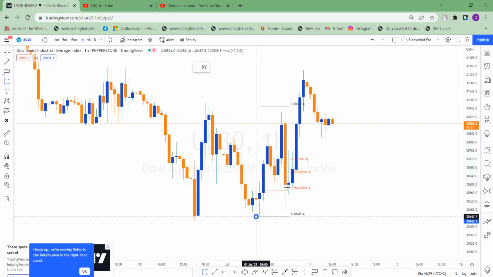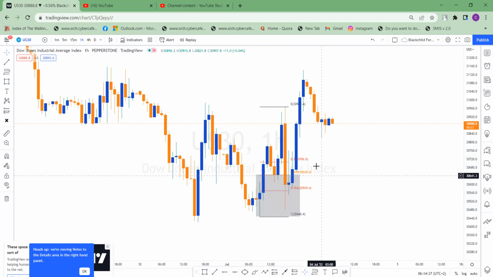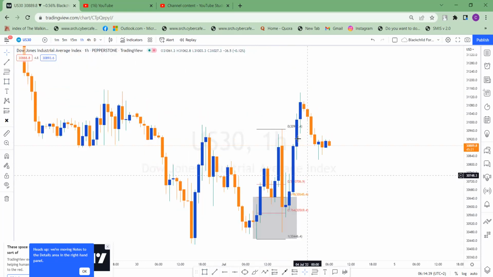We're trying to refine so that we can get a perfect entry. So this is actually our order block.